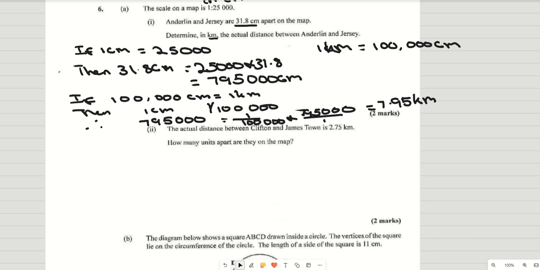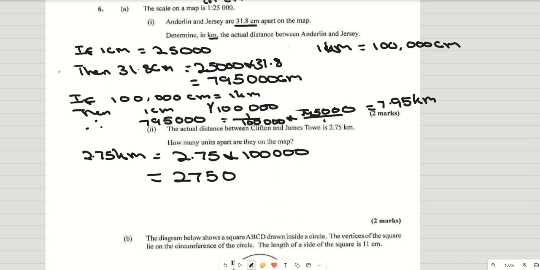Let's turn the kilometers to centimeters because the unit they gave us here is centimeters. So 2.75 kilometers is 2.75 multiplied by 100,000, which is equal to 275,000 centimeters.